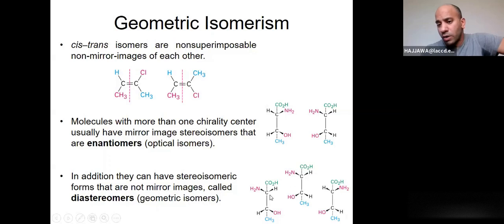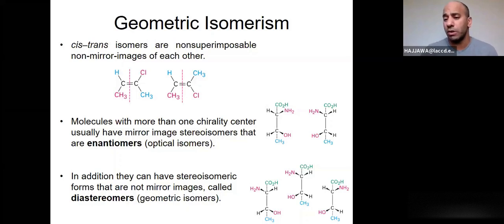So these two carbons are not mirror image of each other, while the bottom carbon, if I look at the two carbons, they are mirror image of each other. Can I have a compound half mirror image, half non-superimposable, and still call it enantiomers? No, you cannot.